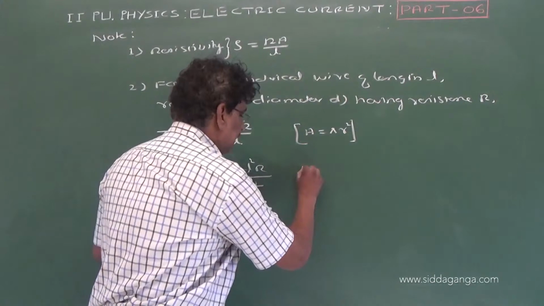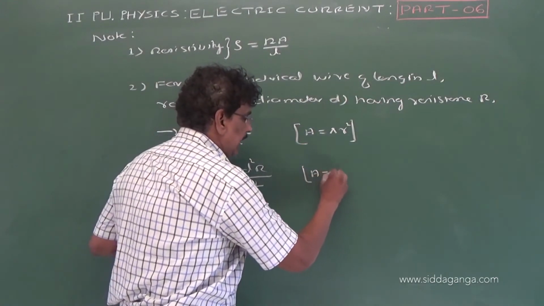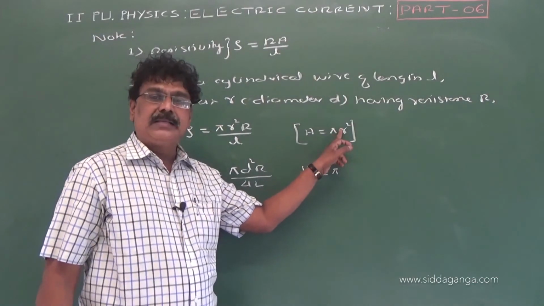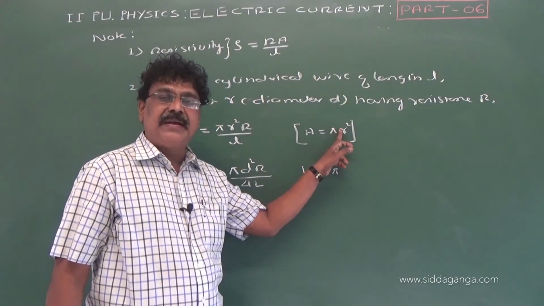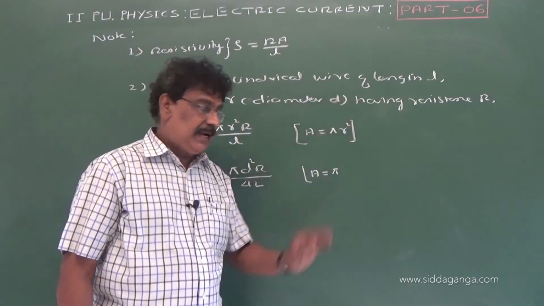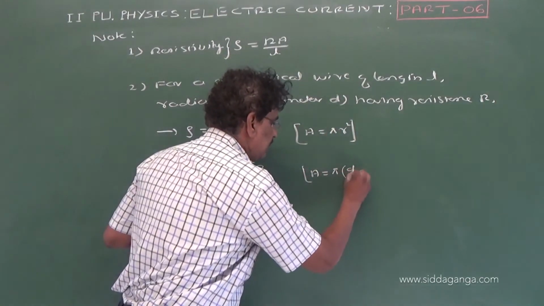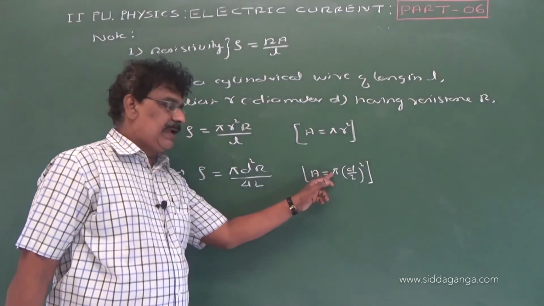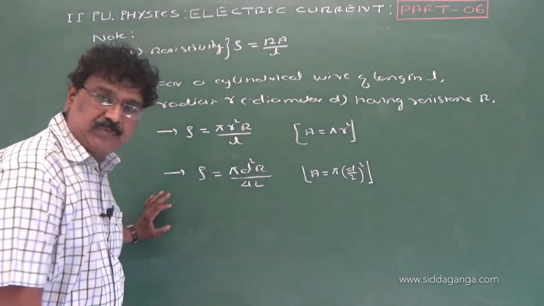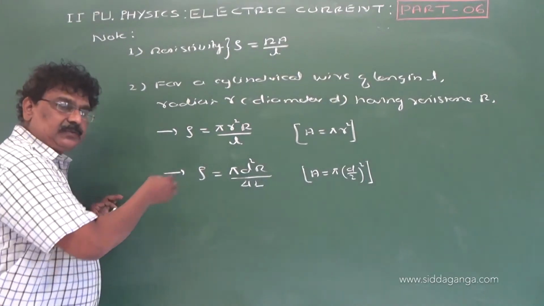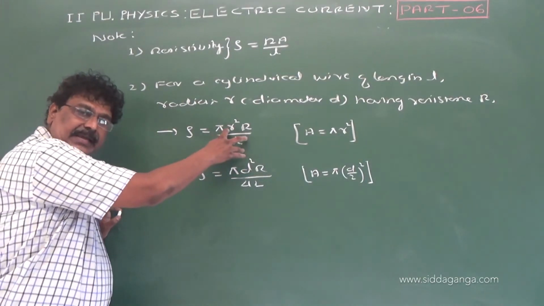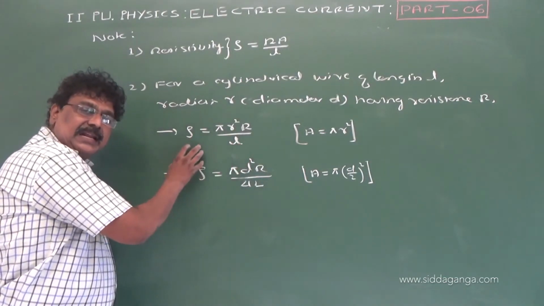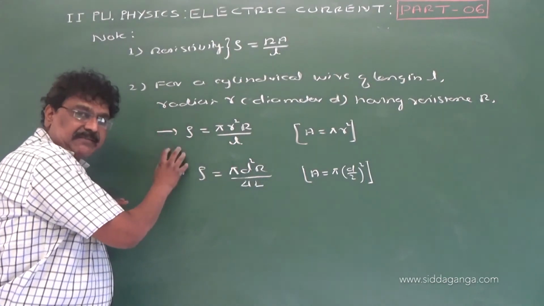It is because in terms of diameter, A is equal to pi r square, r is equal to D by 2, so A is pi into D by 2 whole square, that is equal to pi D square by 4. So if we know radius, resistance and length, we can calculate resistivity using this equation.